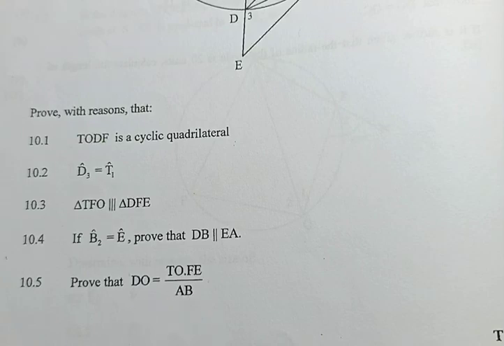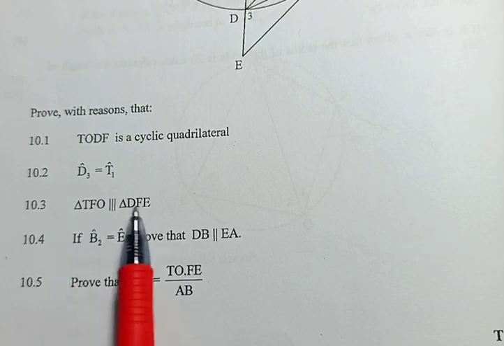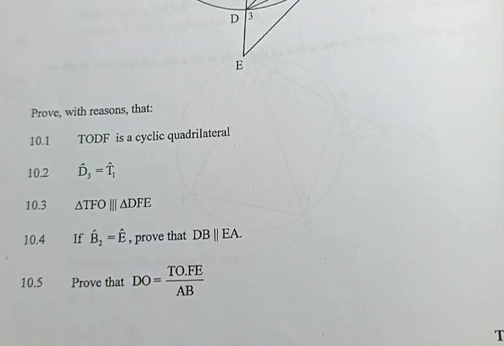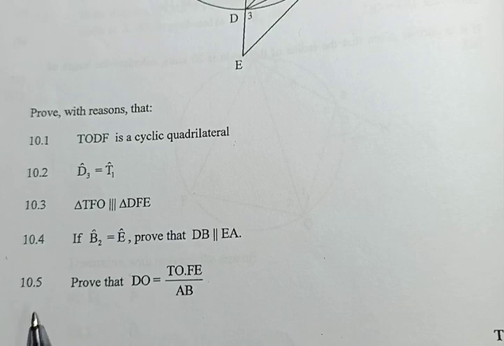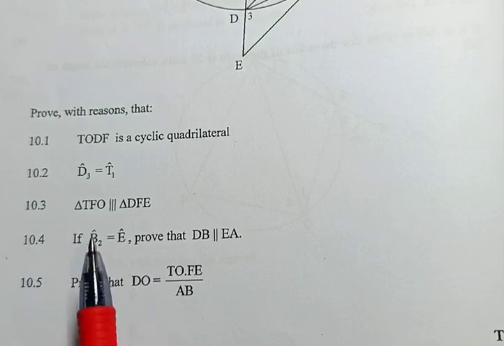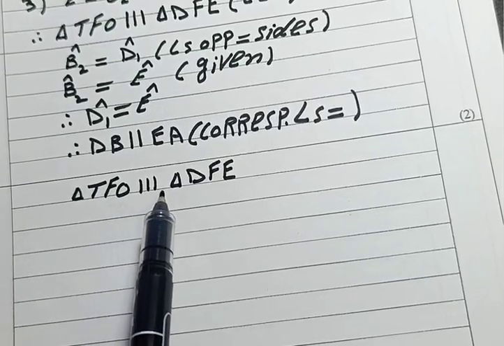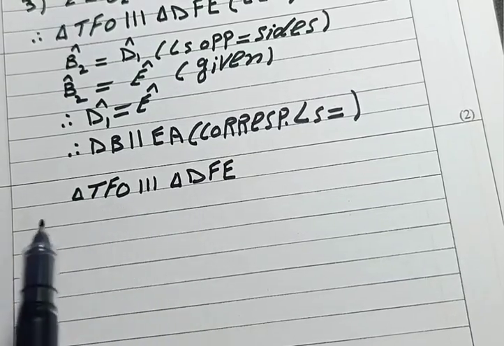So first of all, remember earlier we proved that these two triangles are similar. So I'm going to see if I can get the information from there. If the triangles are similar, their corresponding sides are in proportion. Remember, triangle TFO is similar to triangle DFE, which we proved earlier.